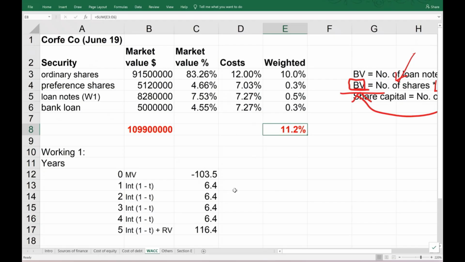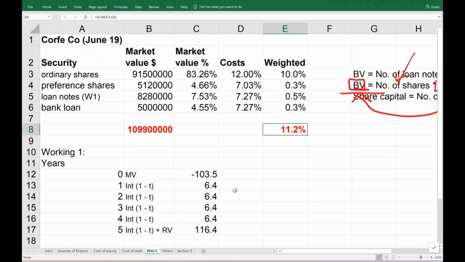So that means we will pay according to the market rate. The market rate is currently the same we found for the loan notes, so we're going to use the same. So 11.2% is the WACC of this company, the weighted average cost of capital of this company.